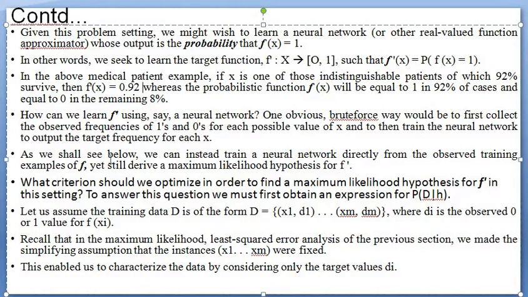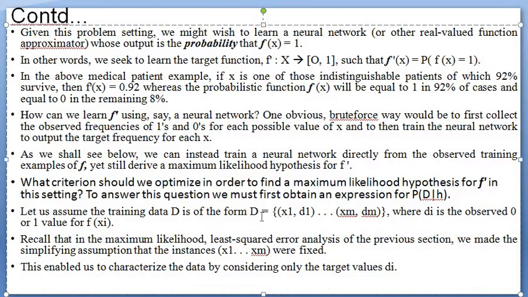As we shall see below, we can instead train the neural network directly from the observed training data of f, and still derive the maximum likelihood hypothesis f dash. What criterion should we optimize in order to find the maximum likelihood hypothesis for f dash in this setting? The answer is that we must first obtain the expression for P of D given h.